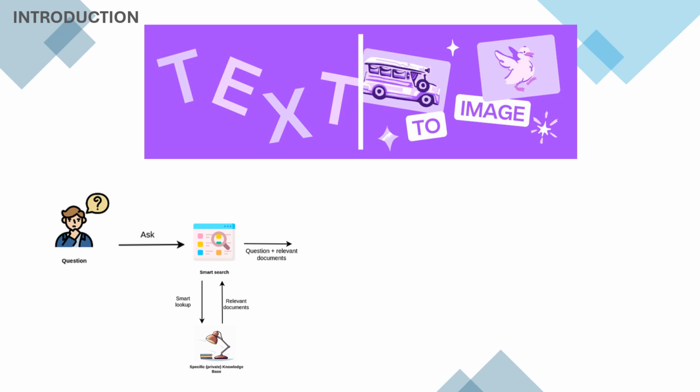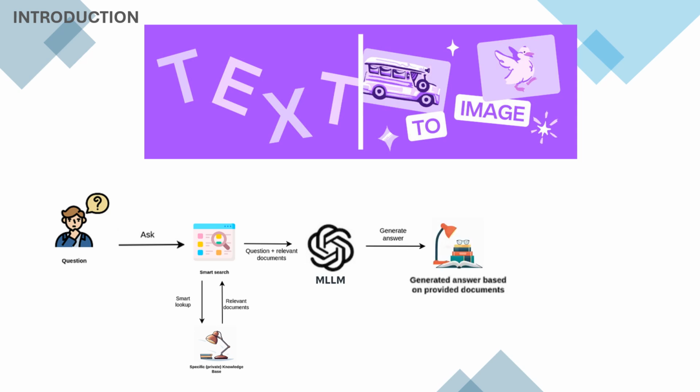After that, the question plus relevant documents go to the MLLM, which will generate the answer. The generated answer is based on the provided documents, and from this it will go to us again in response.